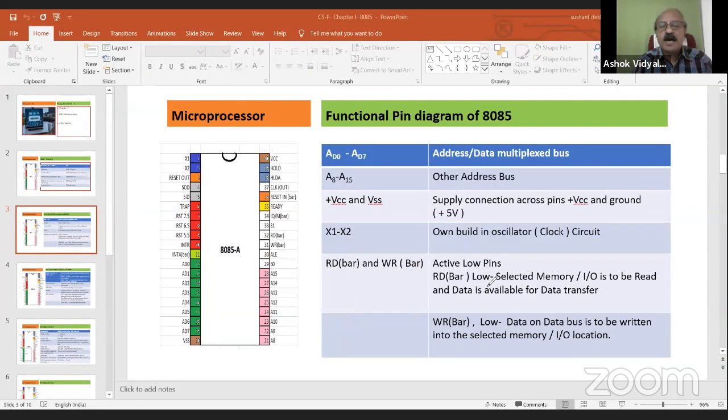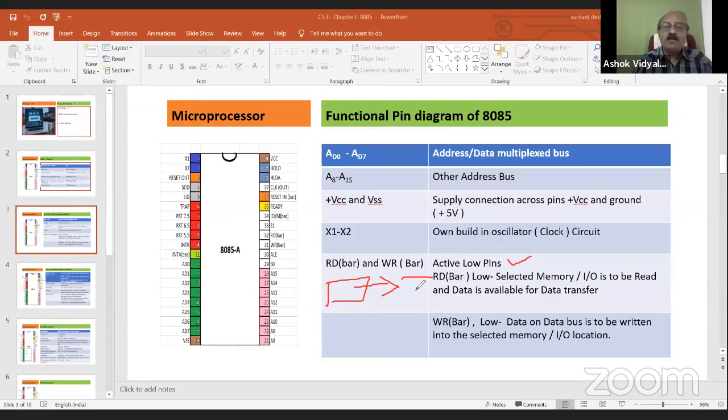So what is this RD bar? It is an active low pin. Active low means the output of this particular pin gets complemented. Therefore, it is bar. Bar means complemented. So it is active low.